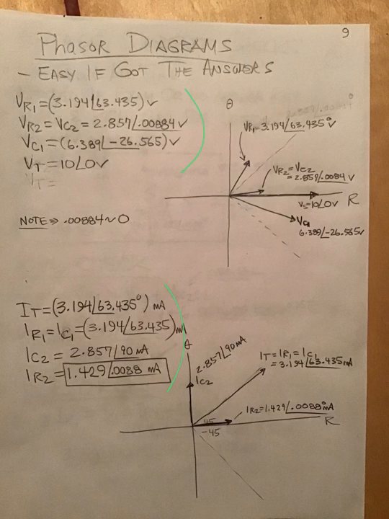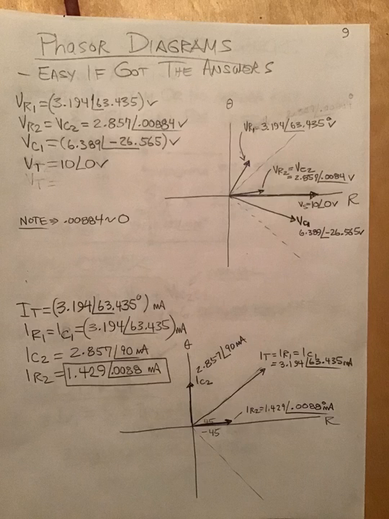If you have those and you have a clue that there is 90 degrees in each of these quadrants here, and there's 90 degrees on the bottom of each quadrant, then you shouldn't have that much trouble drawing these phasor diagrams. After all, I'm not asking you to use graph paper. I'm not asking you to be exact. I'm asking you to approximately draw the phasor diagrams in relation to their proportionality.